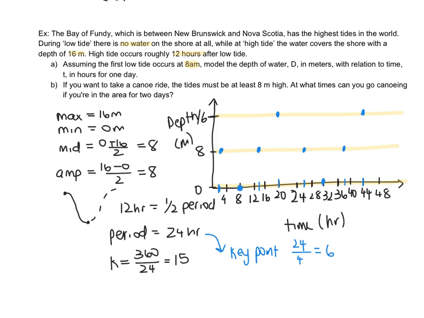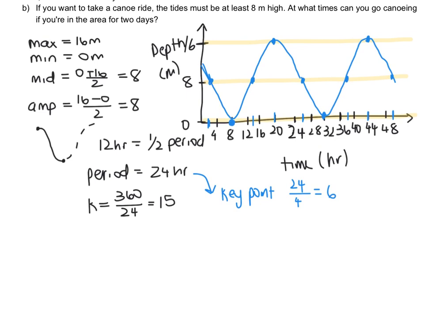And then add another 6 and we'll be at 50, which is past the 2-day mark, but we can just continue anyway. And then I'll just extend it to the 0 as well. And there we are. Now we have our sketch, and now we can write our actual equation.